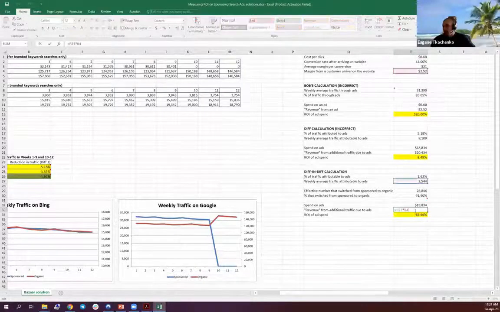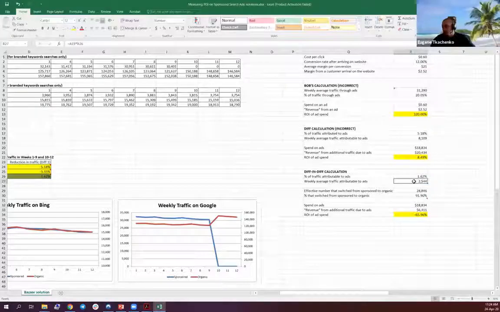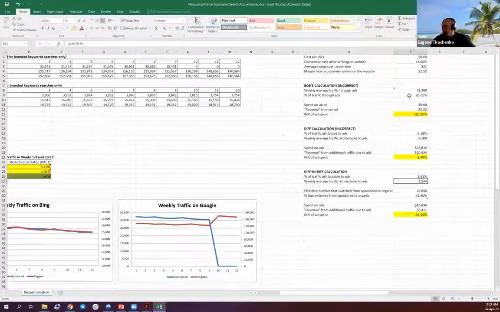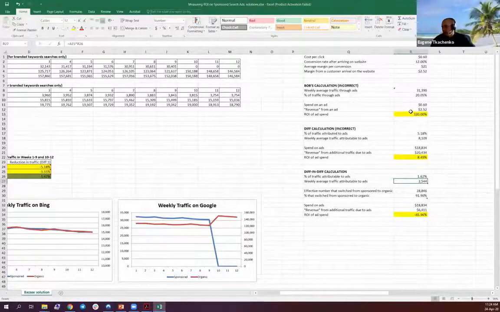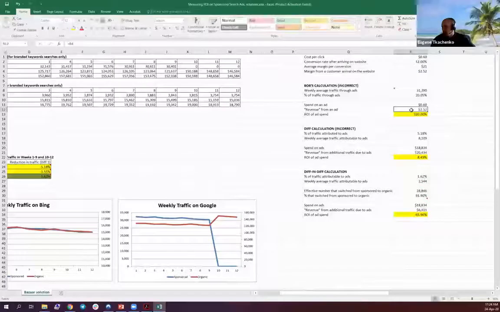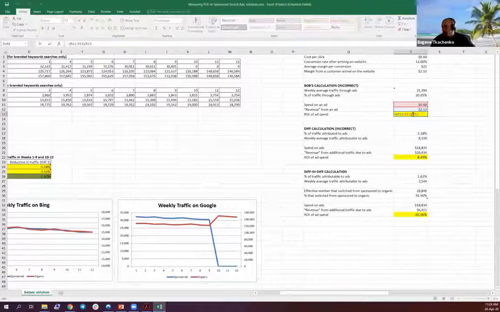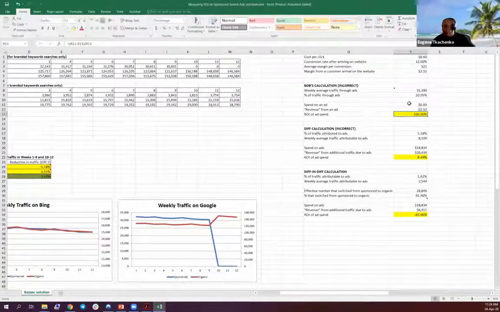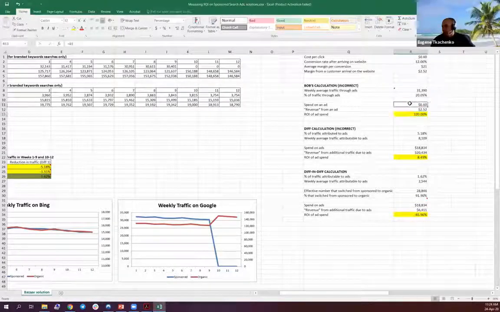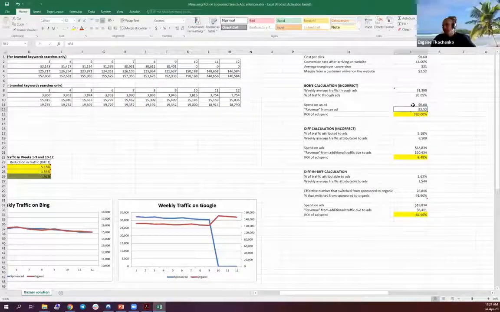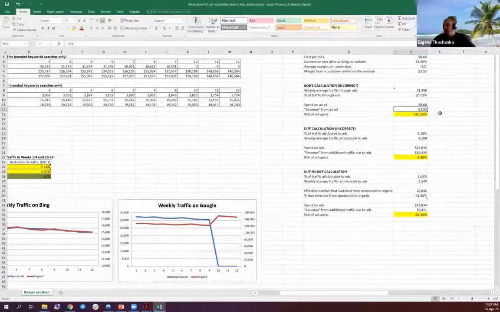But the revenue would be different, because revenue would be considered based on the weekly average traffic, which is 2.5 thousand clicks rather than 31,000. Revenue and spend, rather than just attributing all the traffic and all the spend in the percentage ratio, so attributing all 100% of all clicks to overall ROI.